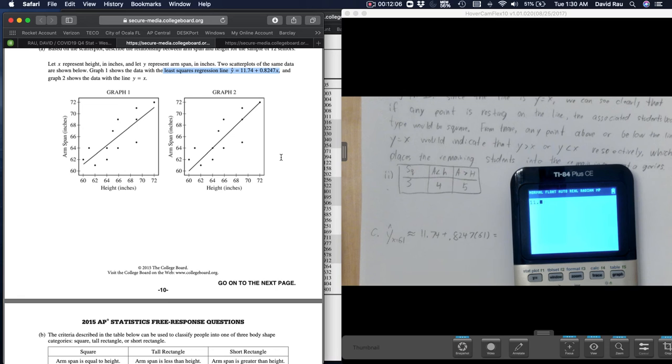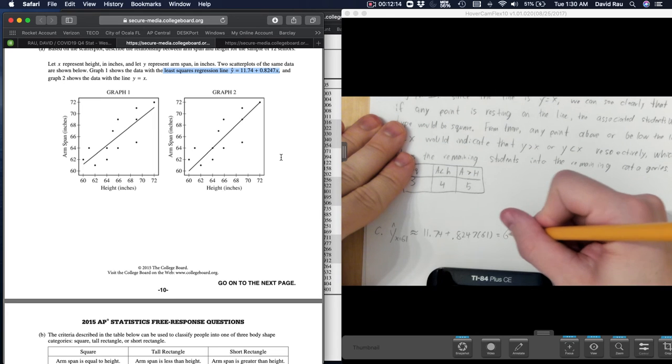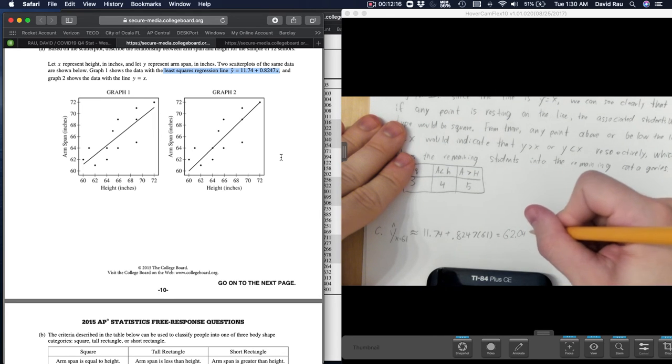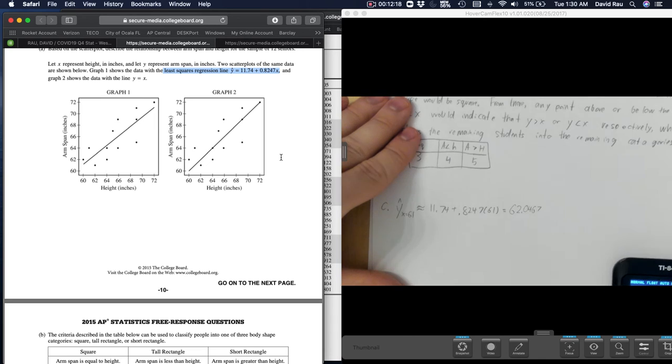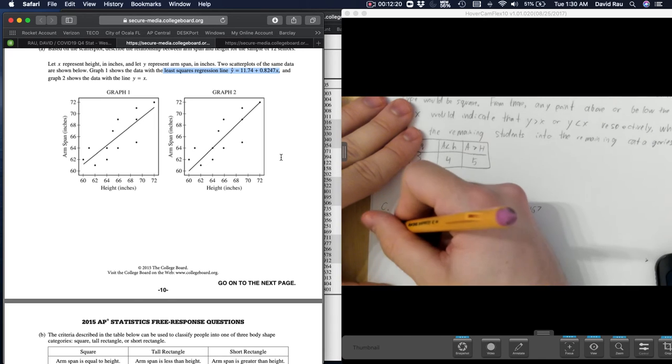We have 11.74 plus 0.8247 times 61, and that's equal to 62.0467. All right, and we might just want to round that up.